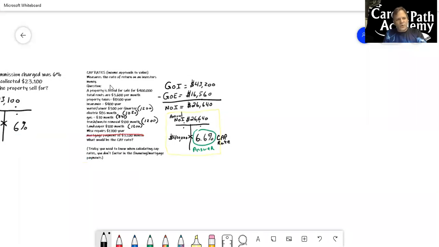What we're going to do here is figure out the GRM.